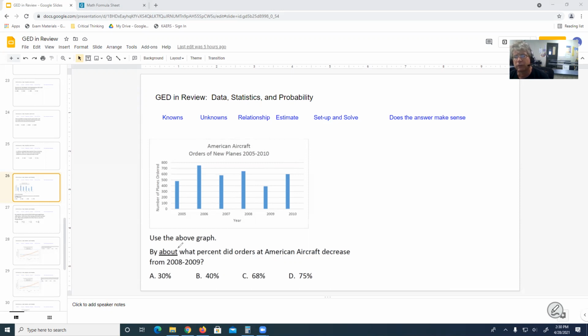The question says, by about what percent did orders at American Aircraft decrease from 2008 to 2009? So again, this is a percent question. I'm already thinking, can I use my triangle model to solve this?